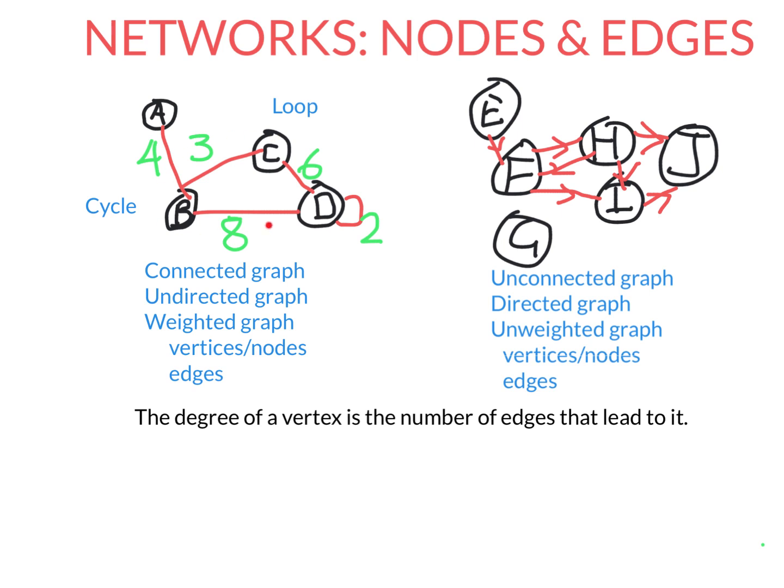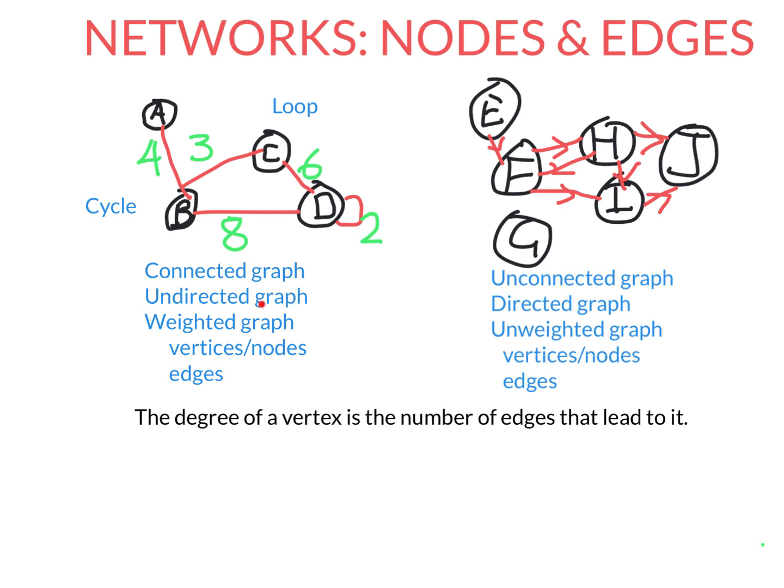The reason this graph here is connected is it's possible to go from any vertex or node to any other node. That, however, is not possible in this one. If you're at vertex G, for example, you can't get to some of the others. Because these edges have directions on them, if you're in vertex J, you can't get to any of the other vertices. So that's why this graph is unconnected, whereas this one was connected.